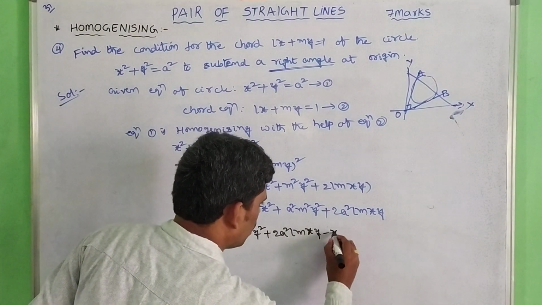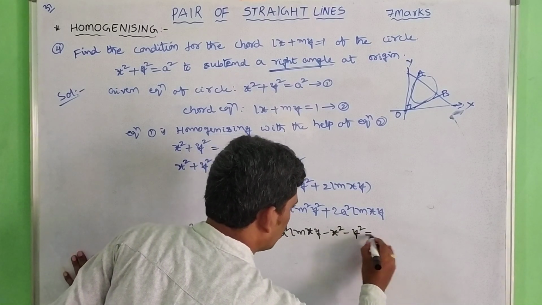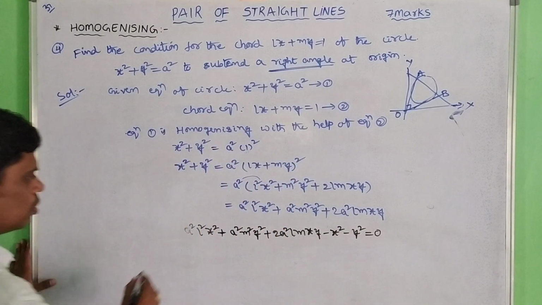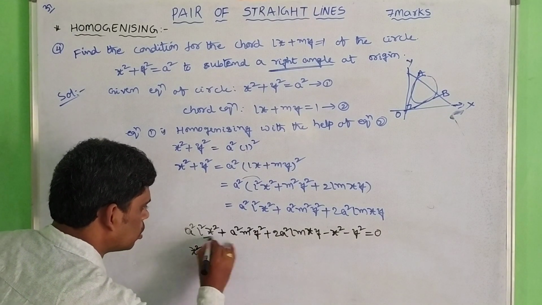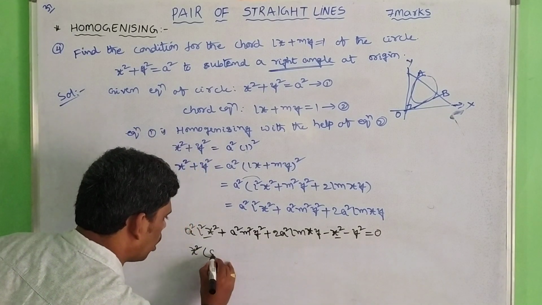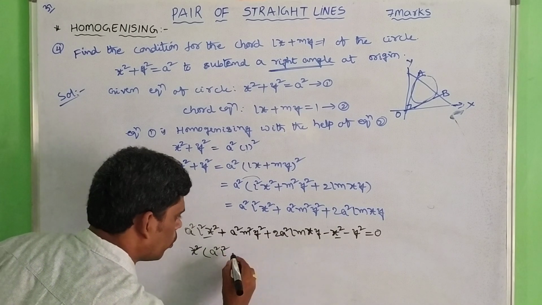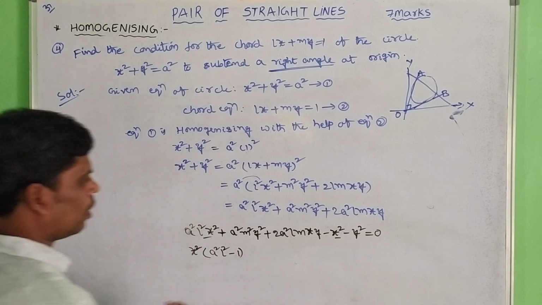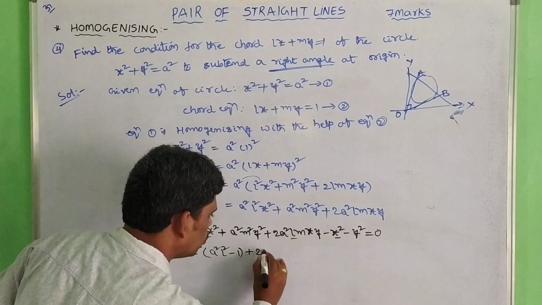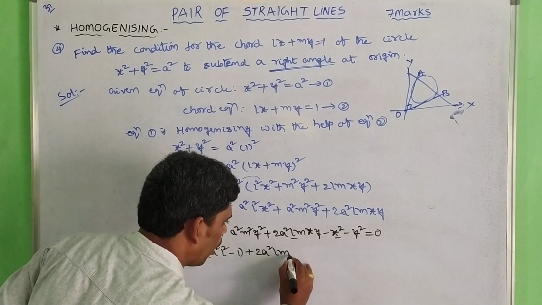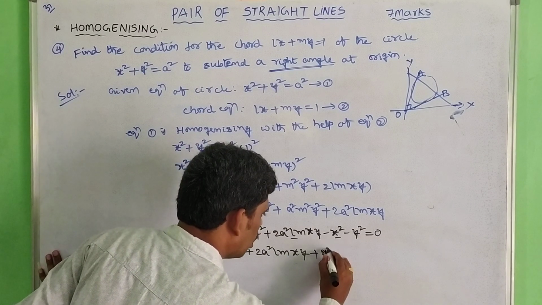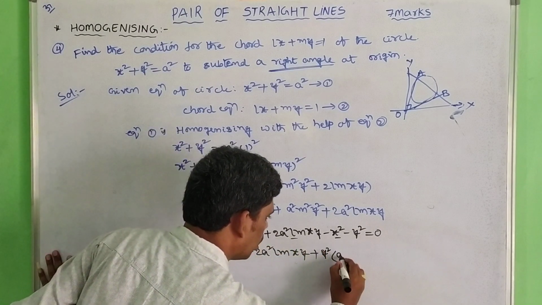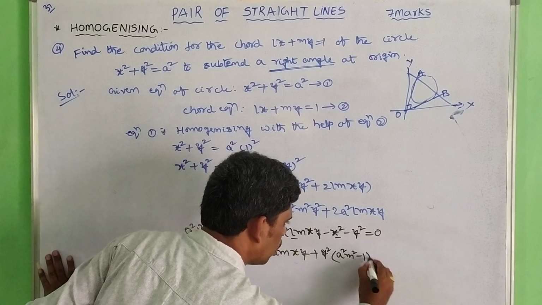Minus x square and minus y square equals to 0. Now take x square common: the remaining part is a square l square minus 1, xy term plus 2a square lmxy. Next, y square is common: the remaining part is a square m square minus 1 equals to 0.